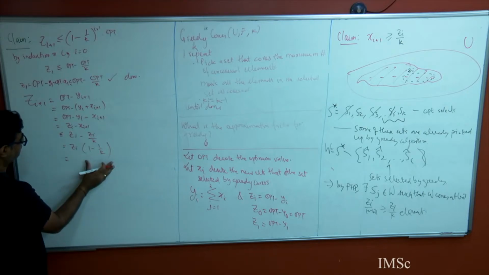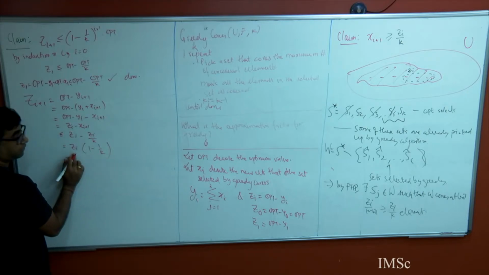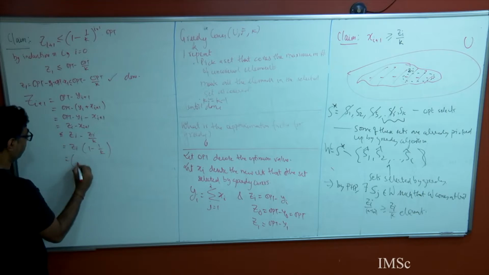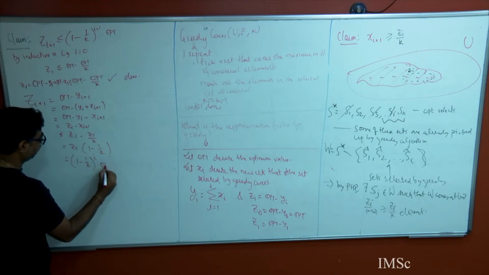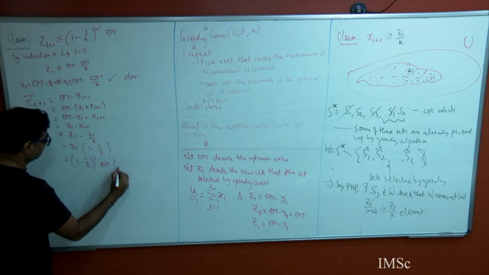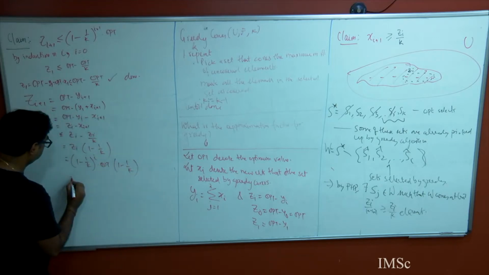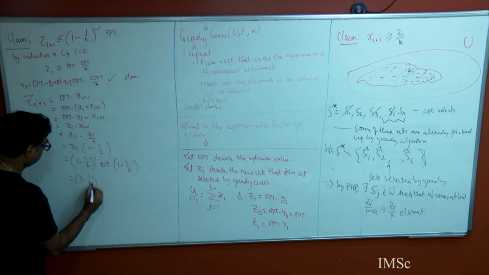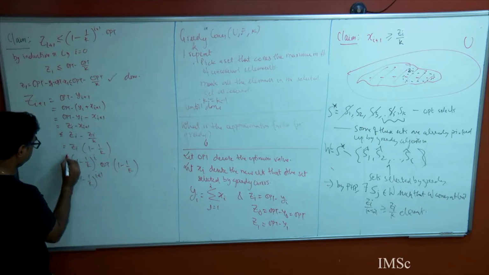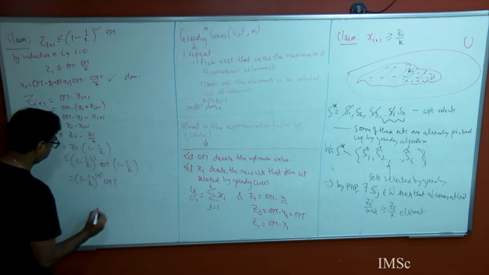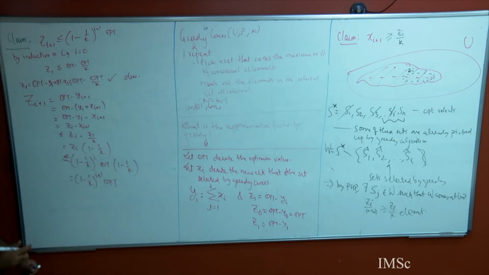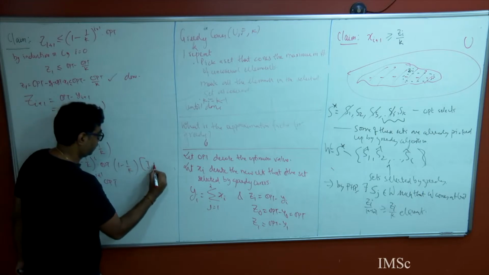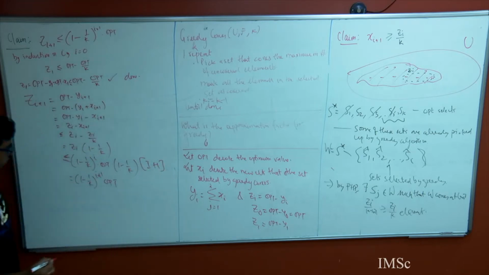Now if I apply the induction hypothesis, I will get 1 minus 1 by k to the power i times opt times 1 minus 1 over k, which is equal to 1 minus 1 by k to the power i plus 1 times opt. This is less than or equal to, because we used the induction hypothesis. Agreed?